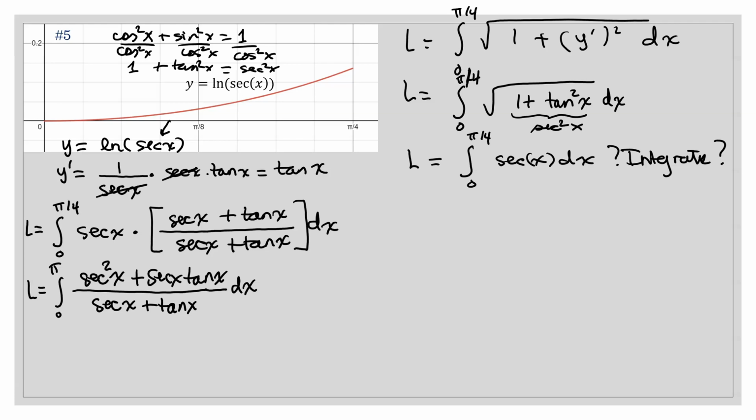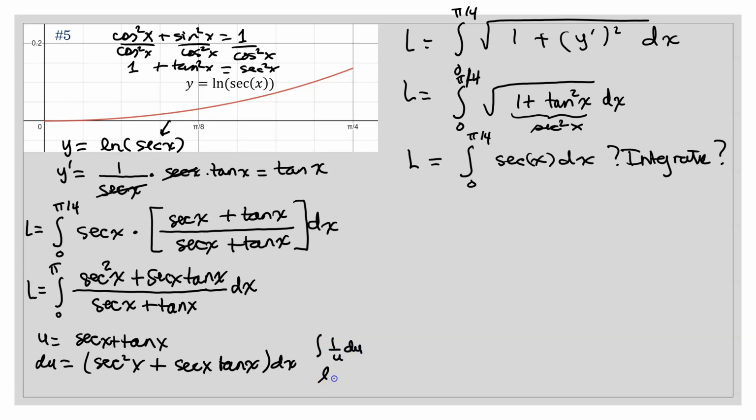This right now is going to be a u substitution. Okay, so if we let u be secant of x plus tangent of x, the denominator, then du is secant square x plus secant x tangent x. That's the numerator, dx. So that right there basically is just the integral of 1 over u du, which is ln of u.